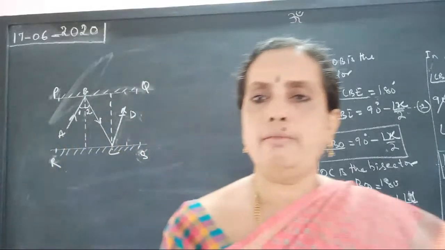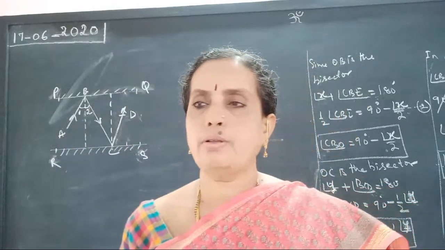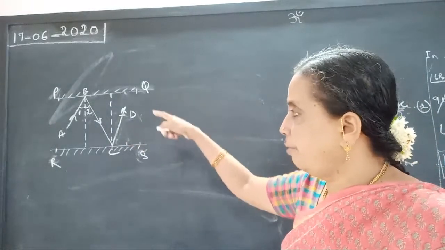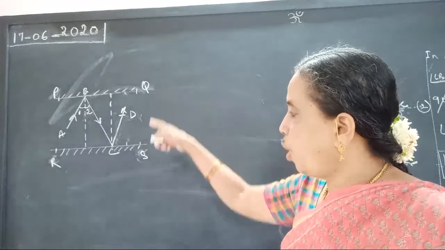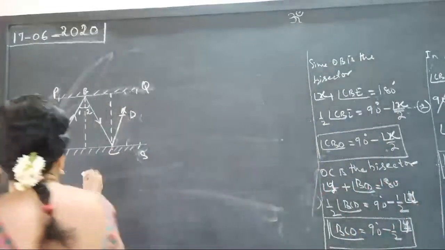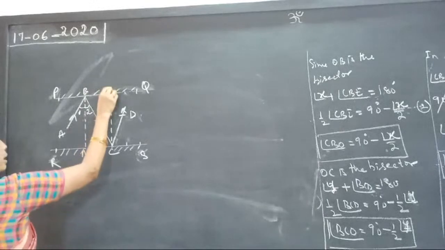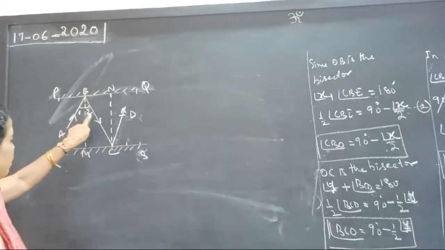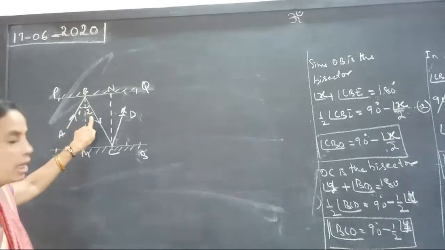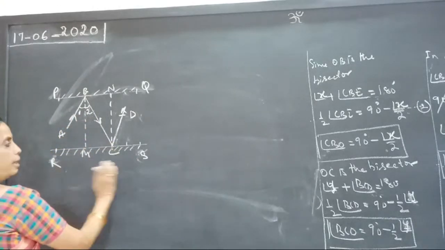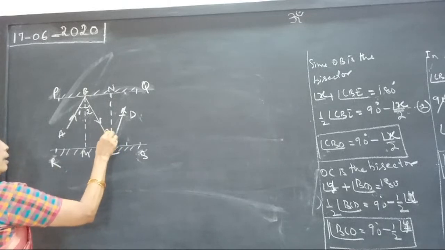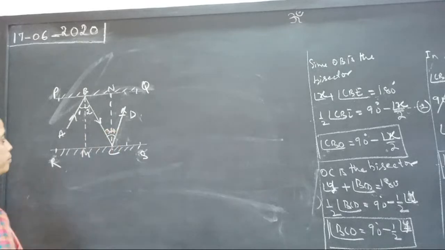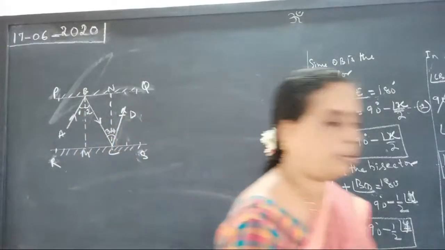In 7th itself, you have studied about the laws of reflection. Incident ray AB, BC is the reflected ray. I have drawn a perpendicular, name it as M and N here. So this is the angle of incidence, angle of reflection. Here to this reflecting part, this will be the angle of incidence and this is the angle of reflection. Take the figure properly.